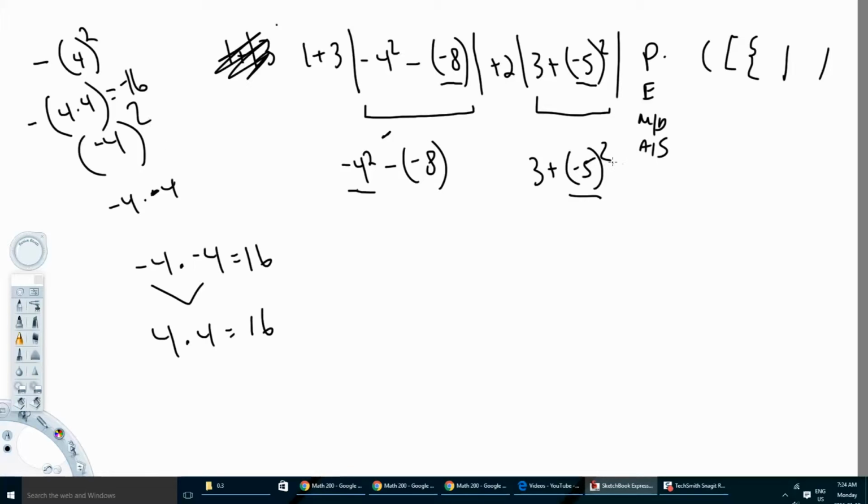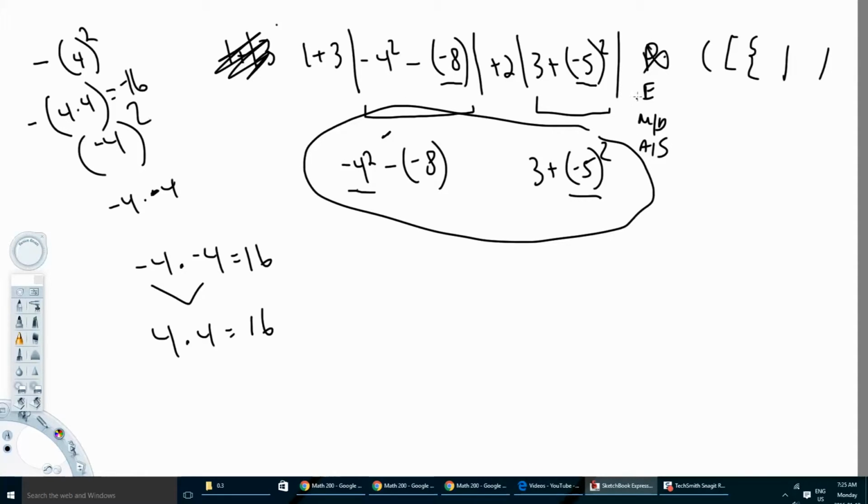So let's take a look at this. Minus 4 squared minus 8, 3 plus brackets minus 5 squared. So are there any parentheses in this statement? No. Are there exponents? You bet. So let's do these exponents. Minus 4 squared, minus 5 squared.